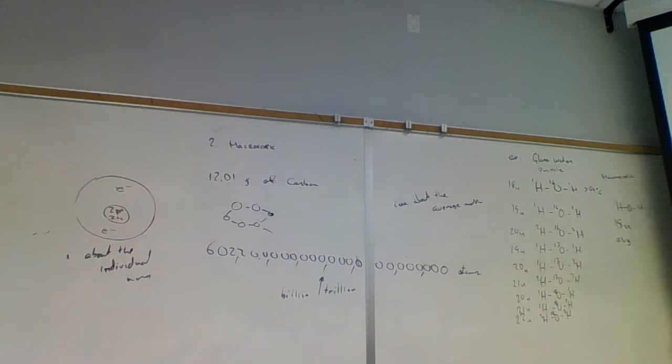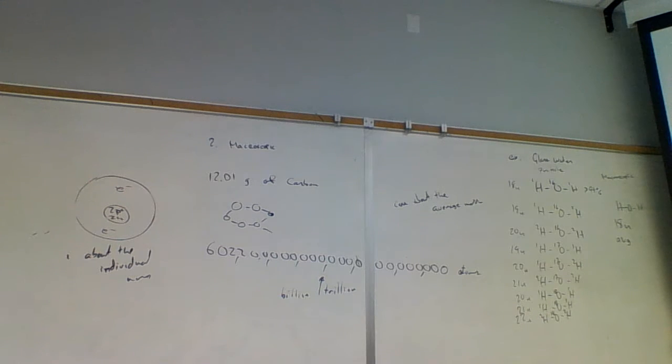So what's the average? Well, let's say it's 50-50. If it were 50-50, what would the average mass be? What's the average of 35 and 37? 36. So the average mass would be 36 if it's 50-50.